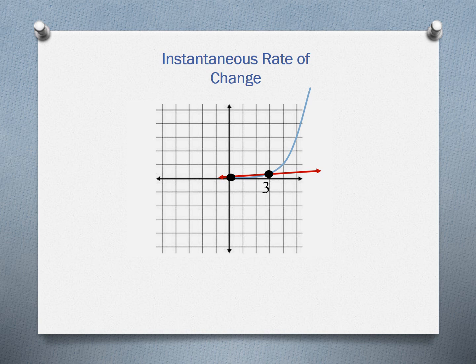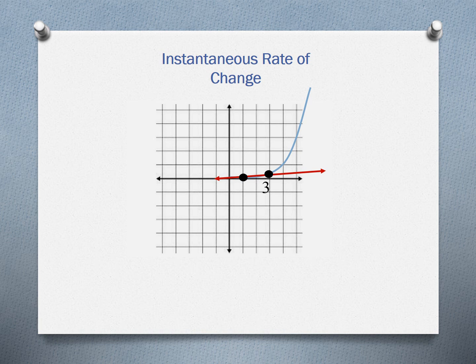I discussed this in a different instructional video on secant lines and tangent lines. But even so, I have a secant line, and I'm getting to that tangent line. I want that tangent line at 3, where it's just touching the curve at 3.